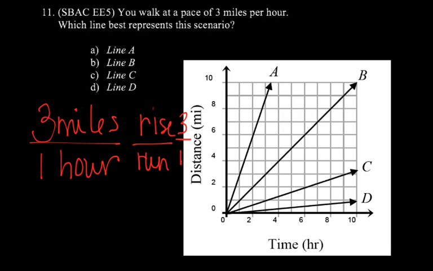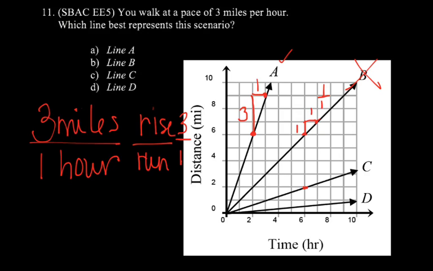So what I'm going to do is pick some points that cross through the ordered pairs or the grid lines perfectly, and I'm going to see which one has 3 miles per hour. My first one, I rise 3, I run 1. Oh, that looks promising. I'm going to check each of them just in case there's some sort of secondary piece of information I'm missing. B is 1 by 1. My slope would be, or my rate is 1 over 1. B is out.